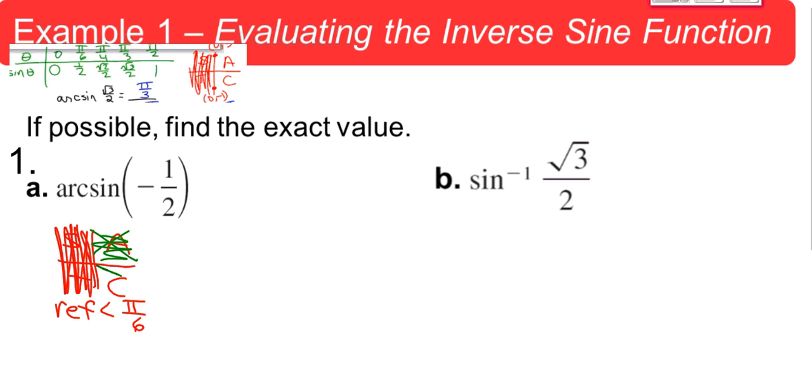And so that means my angle is down here, and it's going to be that negative angle because all I can use is a positive or a negative angle. So then I can give my answer as the arc sine of negative 1/2 is equal to negative pi over 6 because I have to go from there kind of down as we look at that.